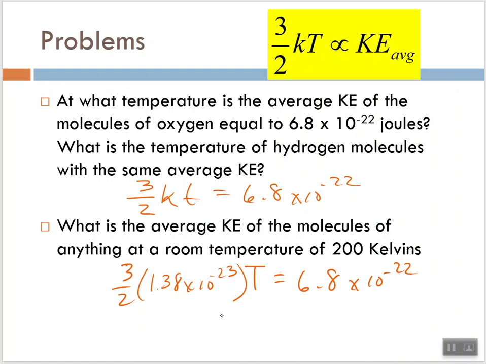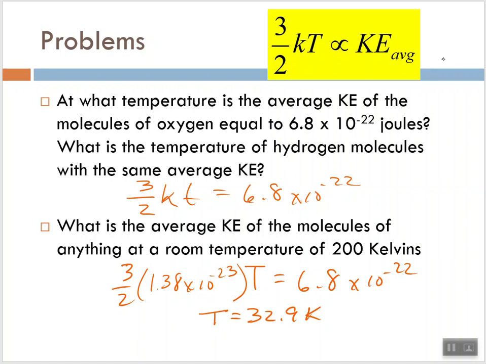And when we solve this, we get a temperature. What temperature is the average kinetic energy of the molecules of oxygen? Well, that temperature would be 32.9 Kelvin. And what is the temperature of hydrogen molecules with the same kinetic energy?